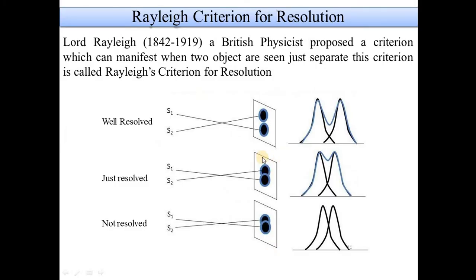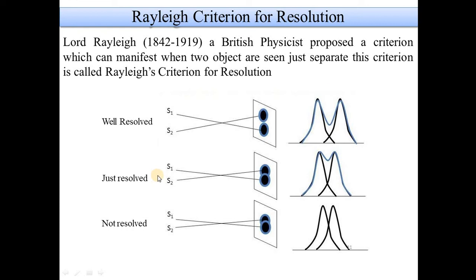And there is a criterion put forward by Rayleigh, a British physicist, to manifest the limit of resolution of two objects that are very close to each other. Two images are said to be well resolved if the waves showing these images are not much overlapping and there is a gap.